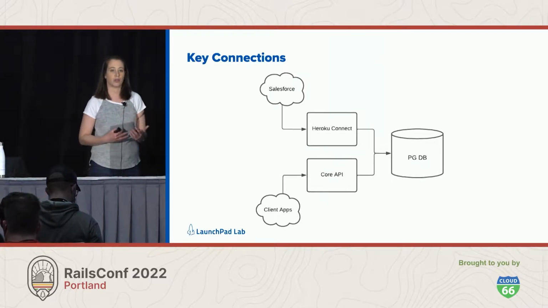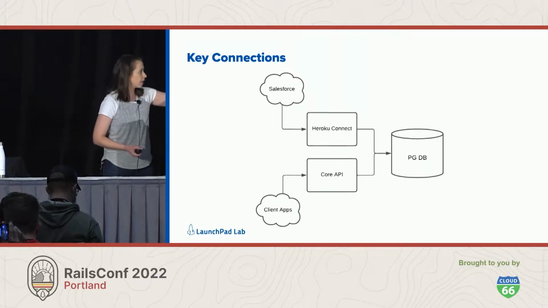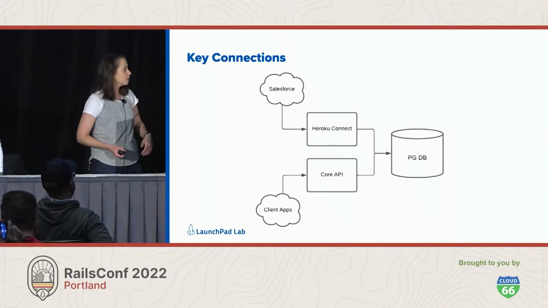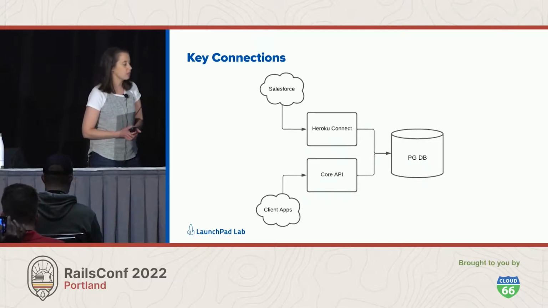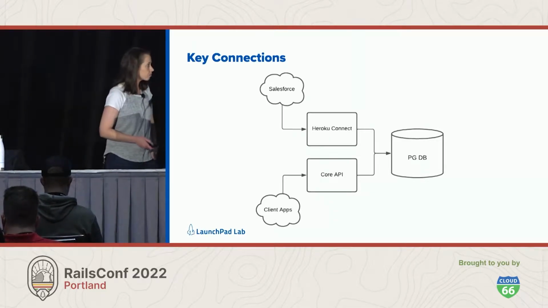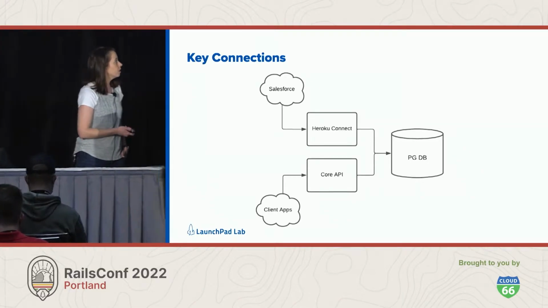That might be where they are working with customers. Some of their products that they sell, it's their CRM tool, right? Heroku Connect, like I mentioned, provides a sync layer in and of itself to the Postgres database. And then we've got these other handful of apps or engines that we built that also interact with this core Rails API. So keep this diagram in mind. We'll come back to it and see how it expands.